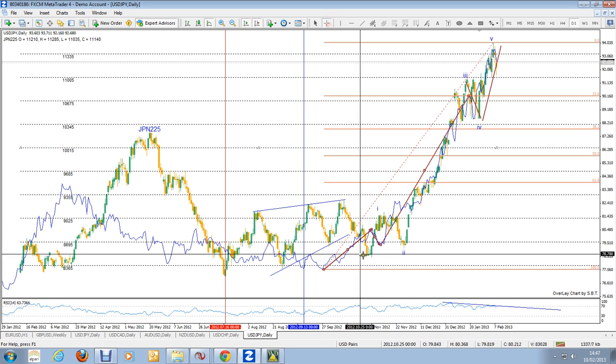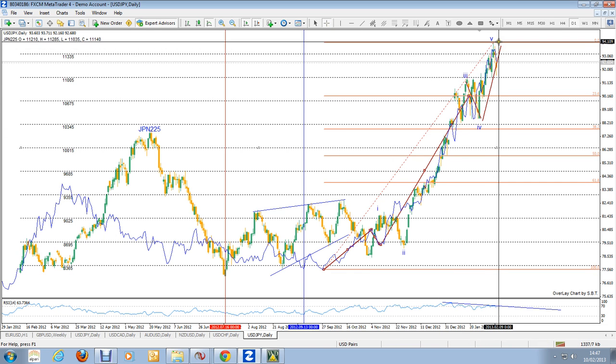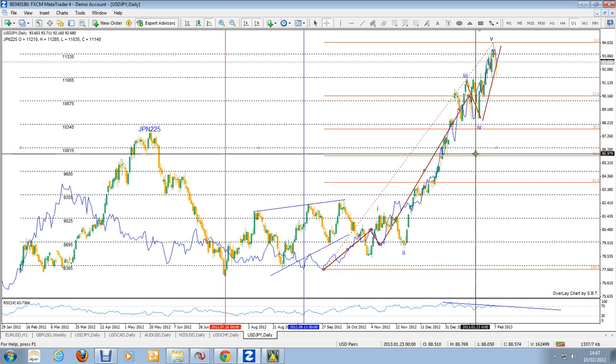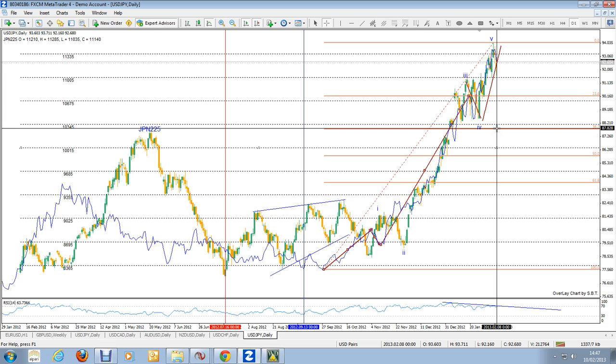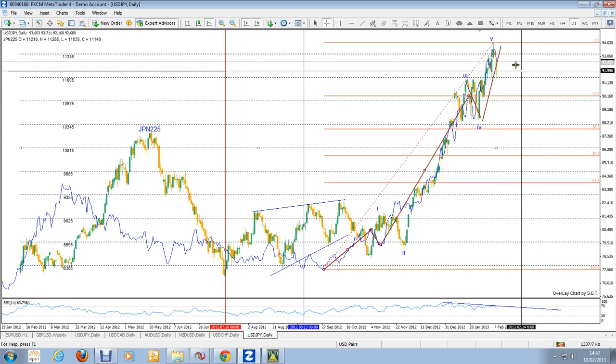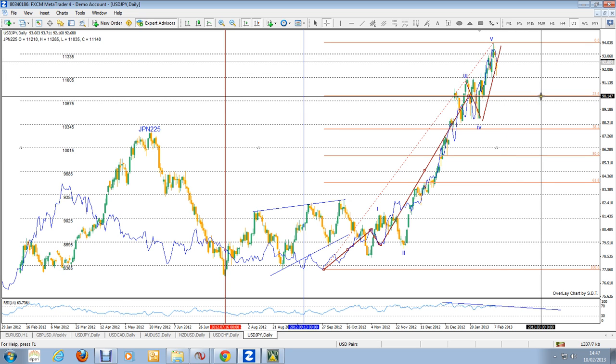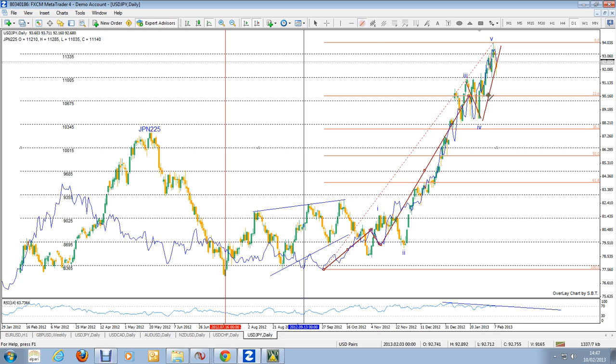So what I'm saying now is that we've got this 5 wave up, and we're expecting a retracement. The retracement can be 38%, in which case US dollar yen can fall to somewhere in the region of 89, but we would at least expect a 23% retracement. That would bring the US dollar yen to about 90. So that would suggest that the yen is going to be weak for a while.